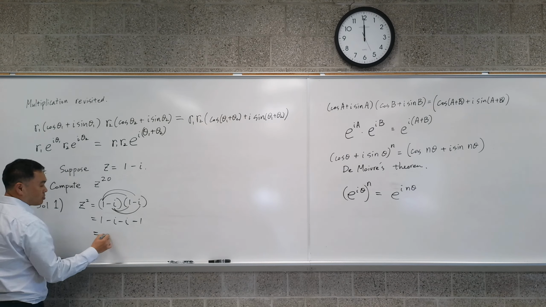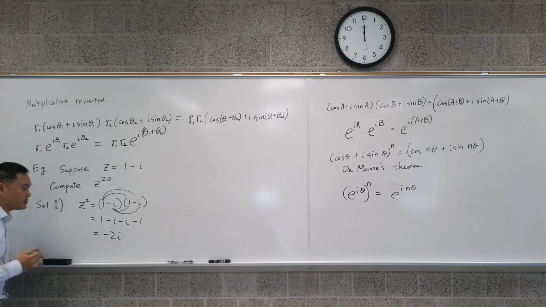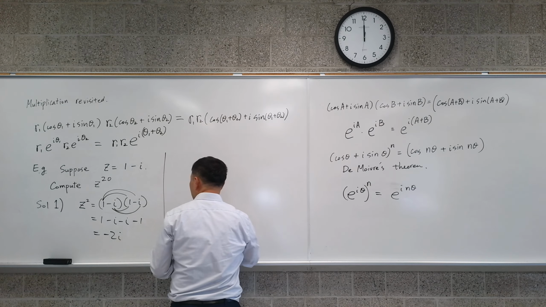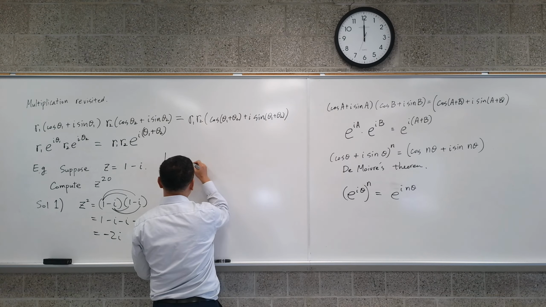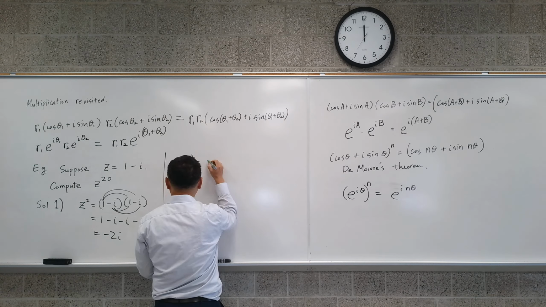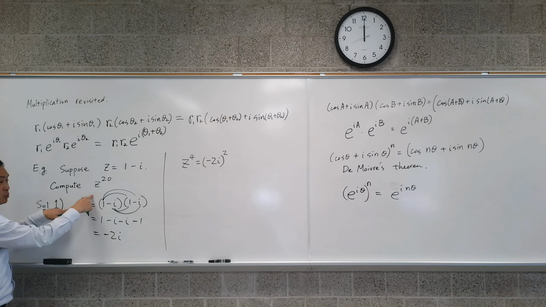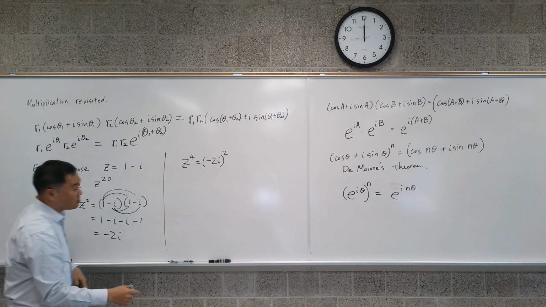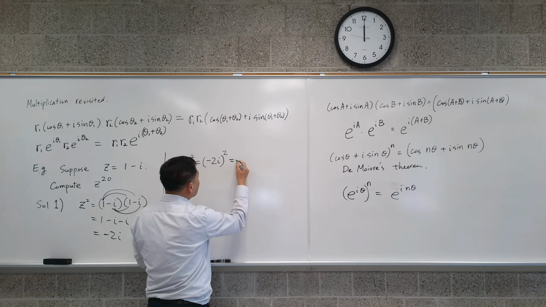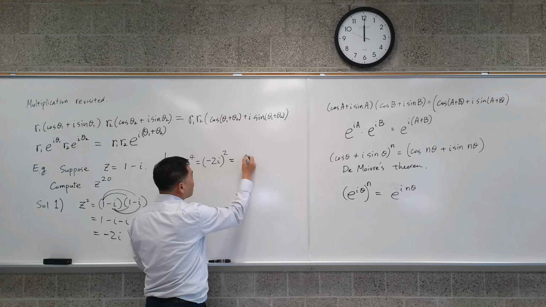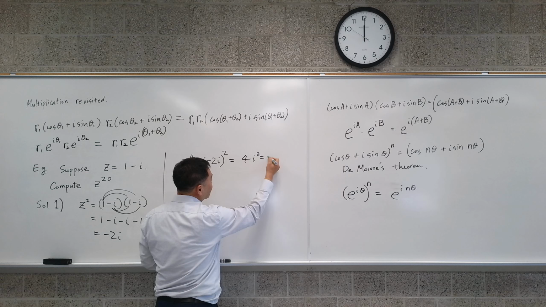So these cancel and you just get negative 2i. That allows us to do z to the fourth power, which is (negative 2i) squared. If I square both sides, z squared is squared to z to the fourth, and you get 4 times i squared, which is negative 4.